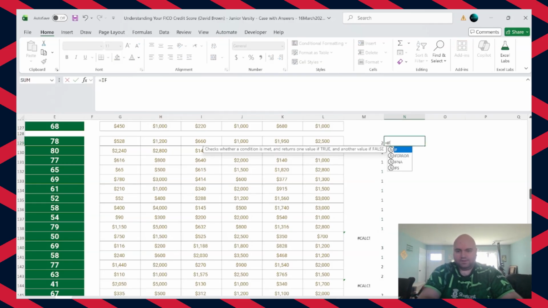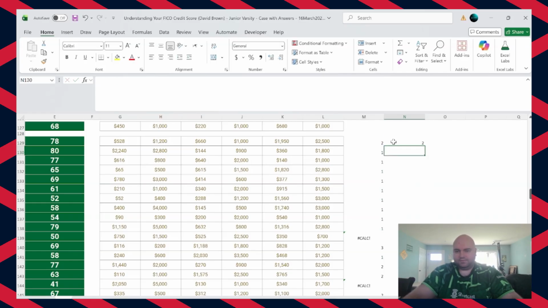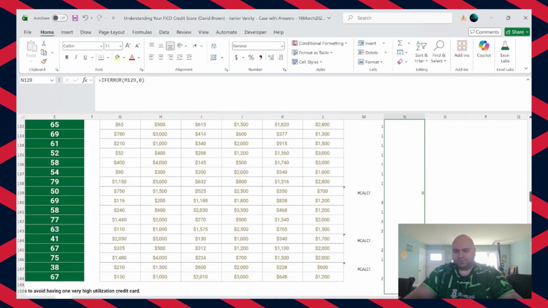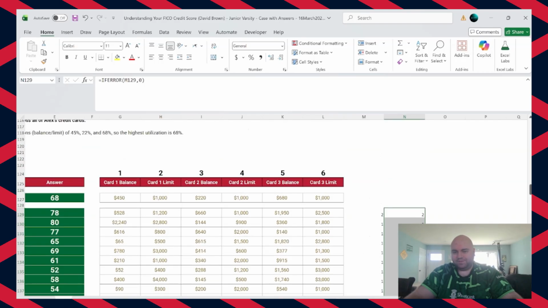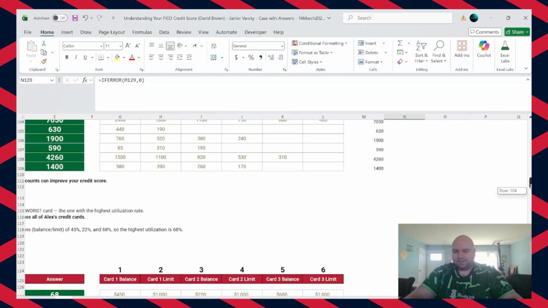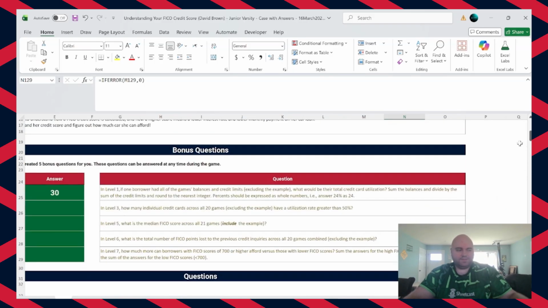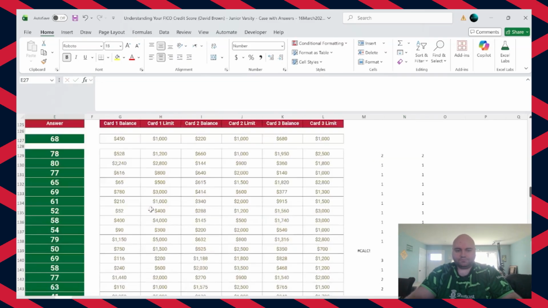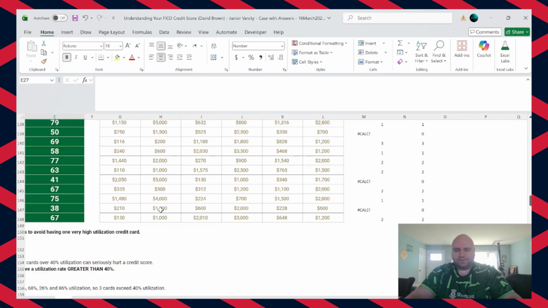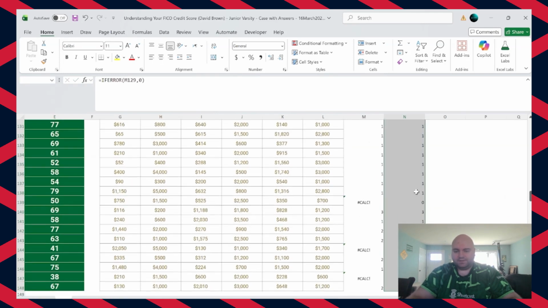If error this, comma, 0. Sure. Sometimes you have to be flexible with what's going on. And things might not work as expected, so you just have to have a few different solutions to the problems in your knowledge toolkit. We know the answer here is 24. The way I did know that off the cuff is I can highlight this. The status bar on the bottom says 24. Click that to copy it. Very useful.